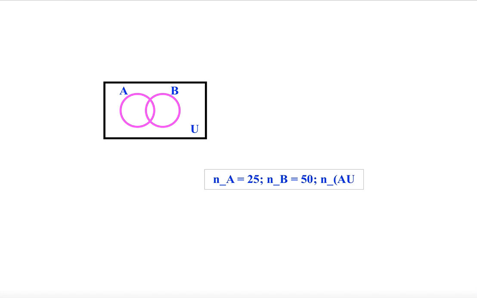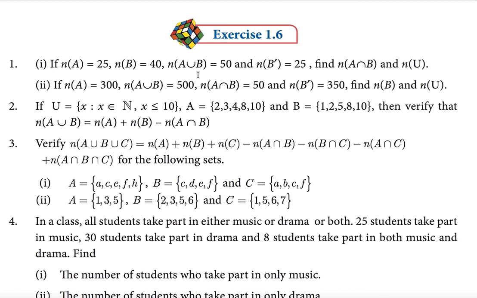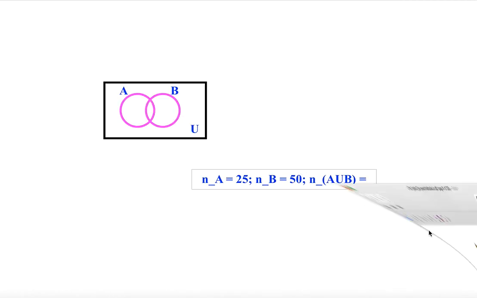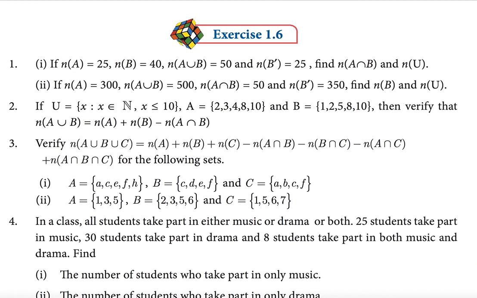A union B. How much is A union B? That is 50. This is 40. So 50 here, 40 here. So n of B dash is how much? 25.